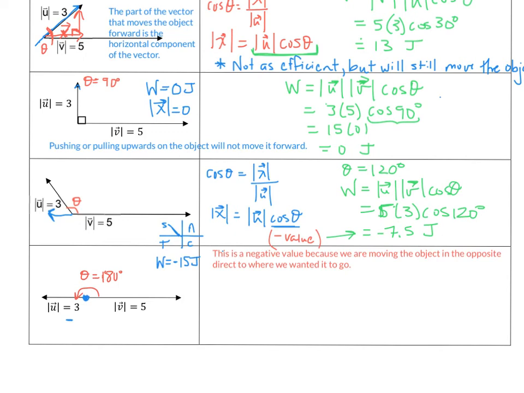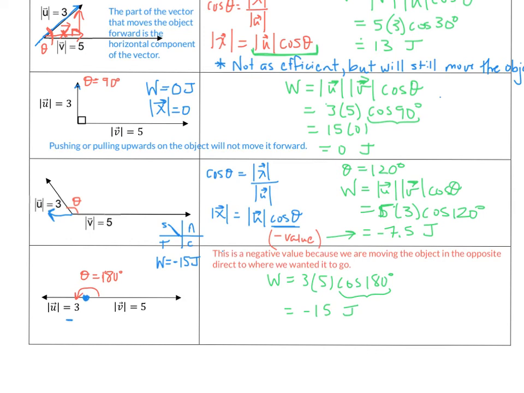So when we calculate the work on this one, we're going to take the magnitude of our one vector times the magnitude of our other vector times the cosine of that angle between them. And this will be -1, which gives us -15 joules. So it is the most inefficient way of trying to move that object because it's going to end up in the complete opposite direction to where we want it to go.